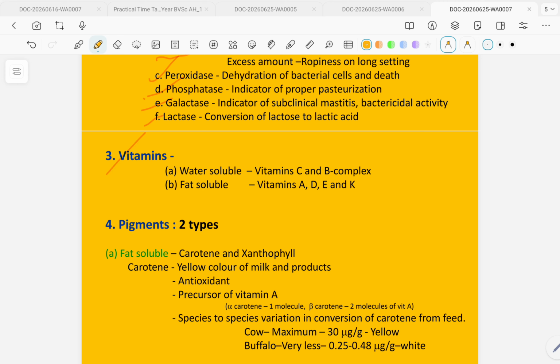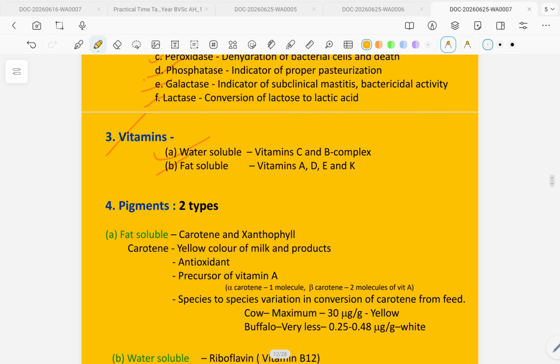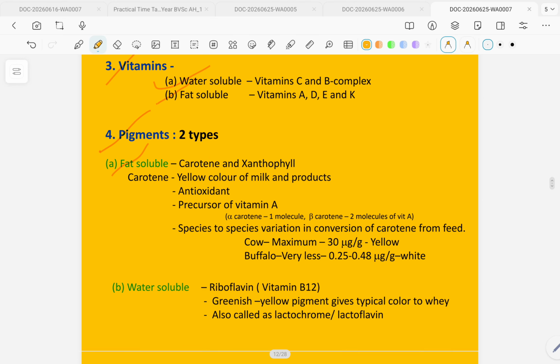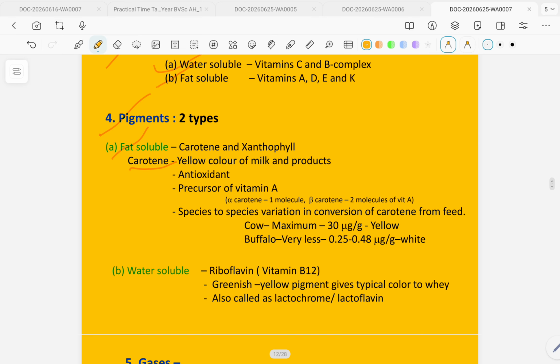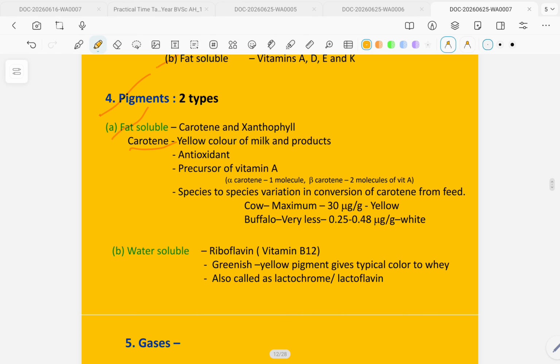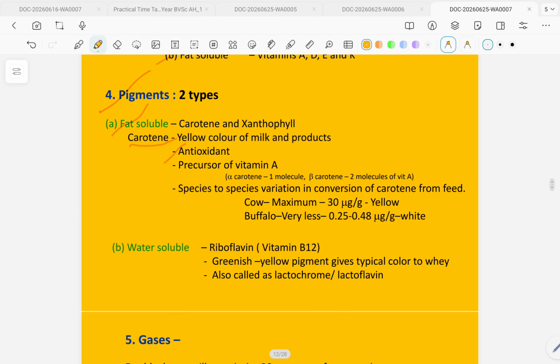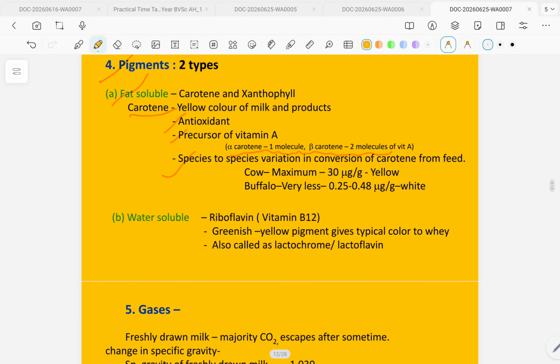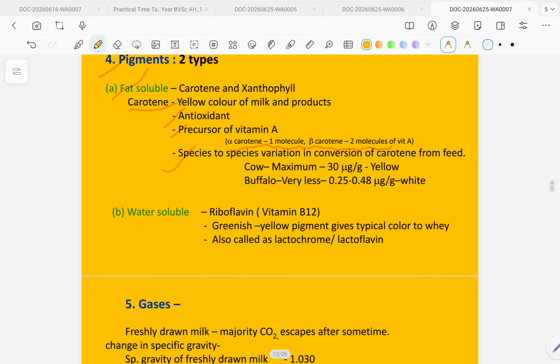Vitamins: water soluble vitamins, vitamin C and B complex; fat soluble vitamins A, D, E, and K. Pigments: 2 types. Fat soluble: carotene and xanthophyll. Carotene gives the yellow color of milk and products, is an antioxidant, and a precursor of vitamin A. Alpha carotene gives 1 molecule and beta carotene 2 molecules of vitamin A. Species vary in conversion of carotene from feed.